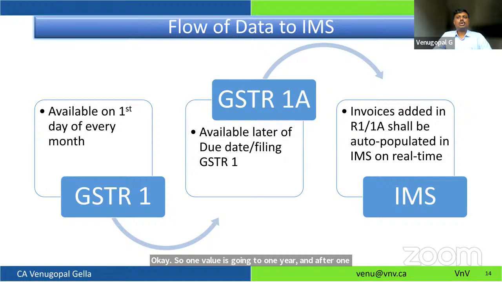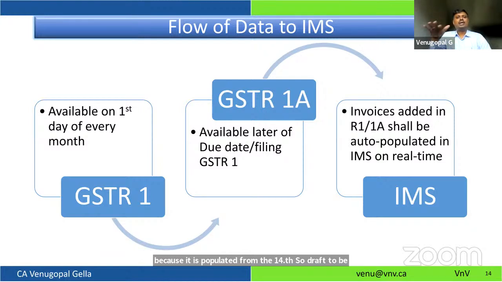So IMS is auto-populated on a real-time basis. In my earlier webinar, I clearly told that invoices filed in time will go to the current month 2B, and 1A will go into the next month 2B. Then how are you saying IMS is real time? IMS is real time because it is populated only from the 14th, after the draft 2B.